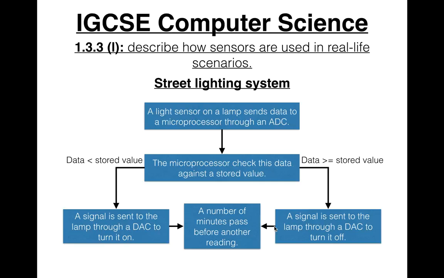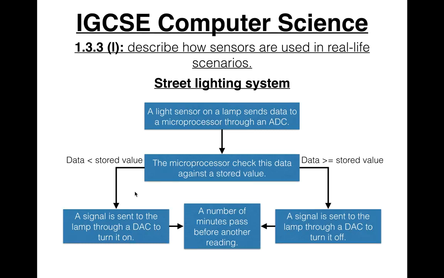What this does is, if there's a brief cover of clouds and the microprocessor senses this change, the lamp will have to turn on, then the cloud starts to disappear and then reappear, and so on.